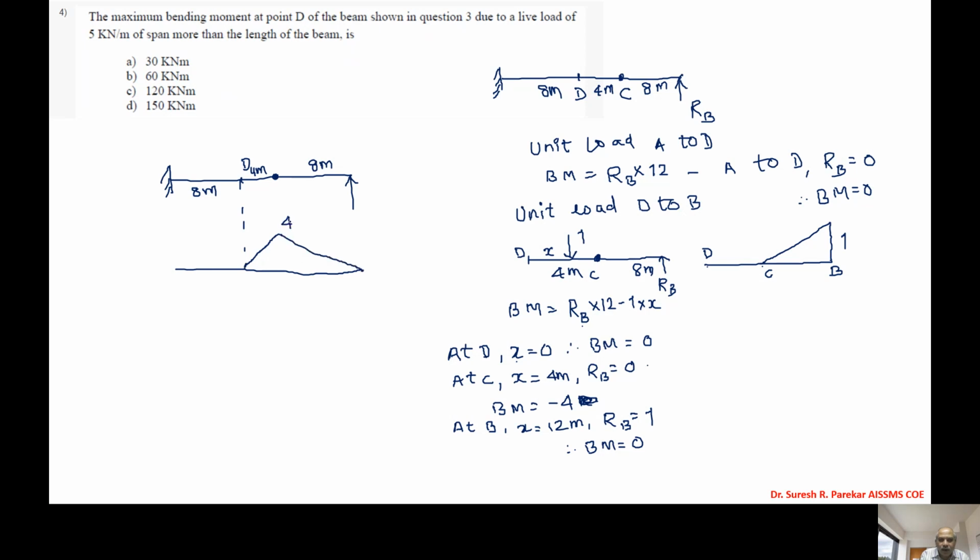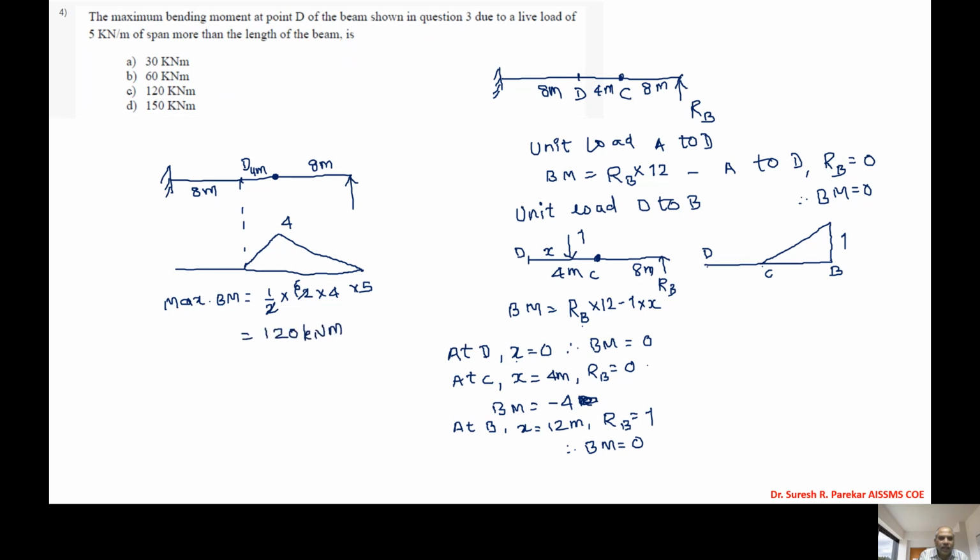And then we will get maximum bending moment equal to 1/2, base 12, height 4, and load 5. Then 2 6 are 6, 5 are 30, into 4, 120 kilonewton meter.